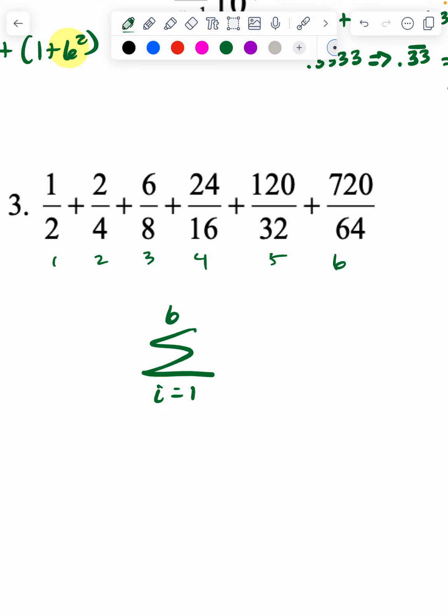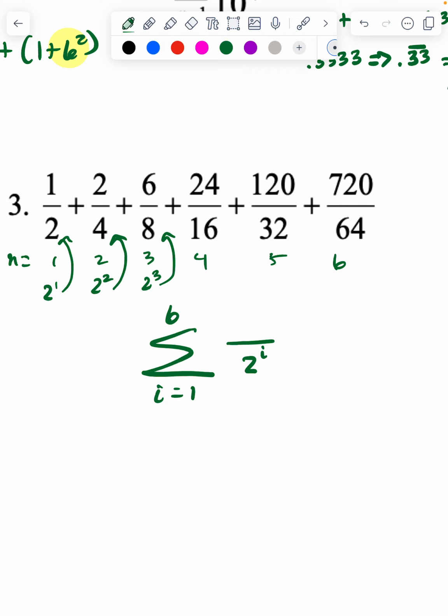So how about this time when I have 2, 4, 8, I consider powers of 2. Here in my first term, 2 to the 1 gives me 2. 2 to the second gives me 4. 2 to the third gives me 8, and so on. So all I'm doing is taking for that bottom number 2 to the power of the term that I'm on.